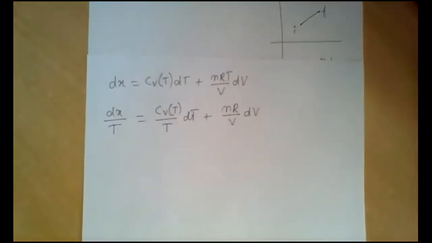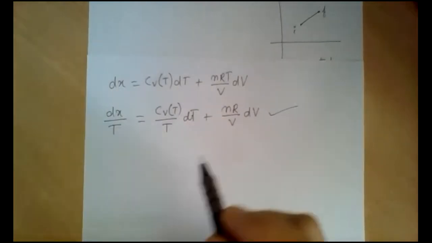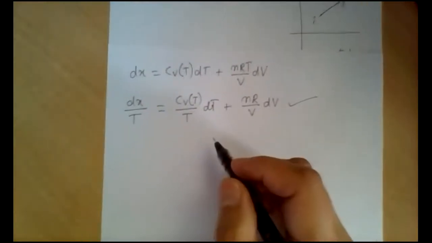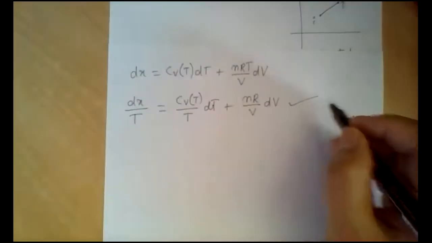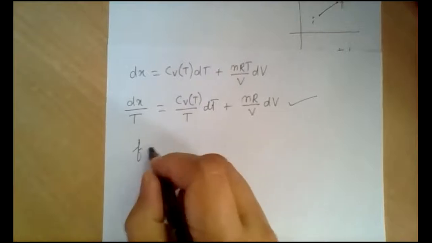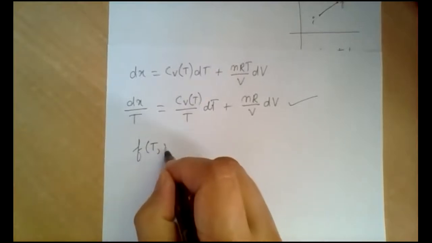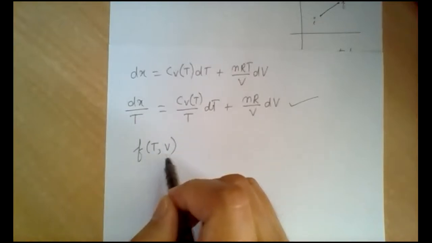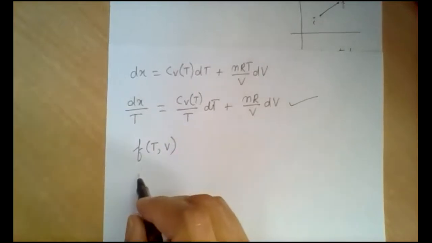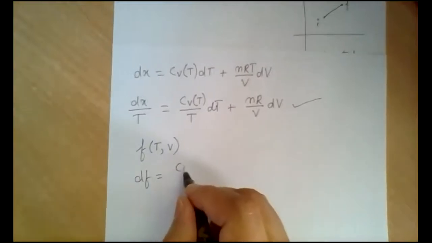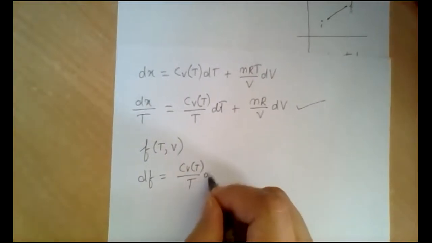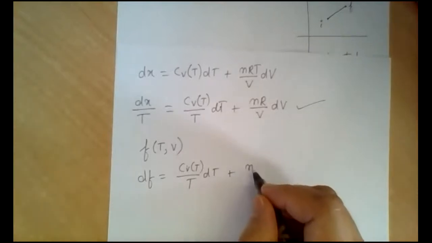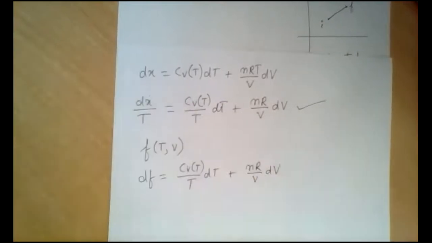Now the next question is, is this differential an exact differential or not? If it is exact, a function F of T and V exists whose differential is given by this expression: dF equals CV(T) by T dT plus nR by V dV.